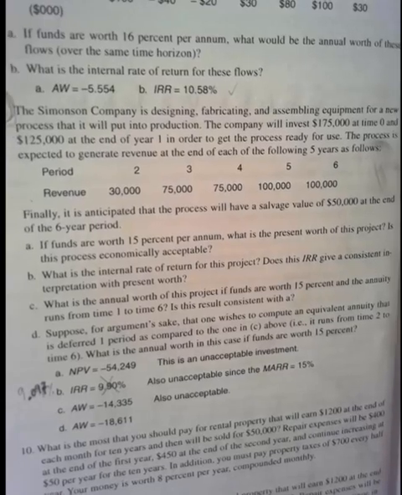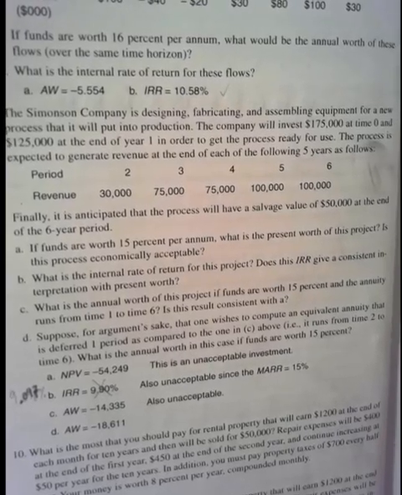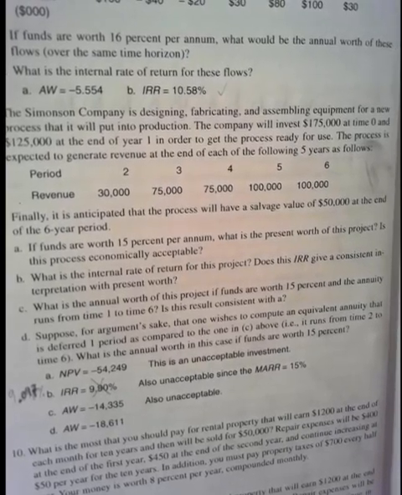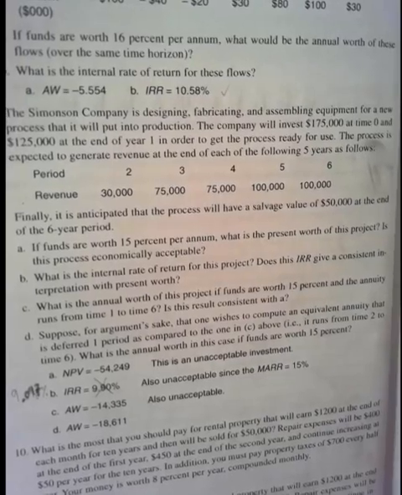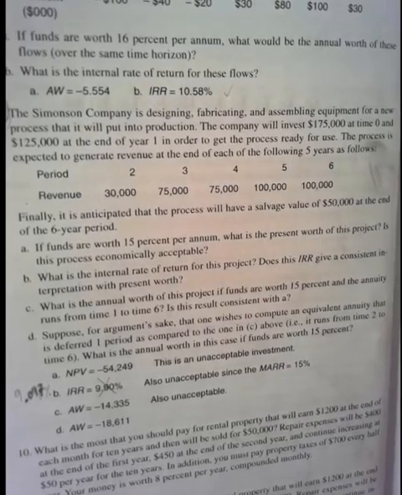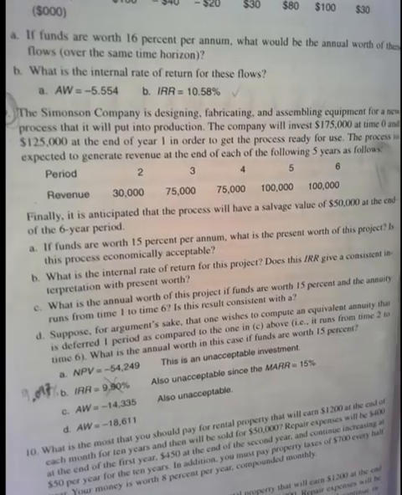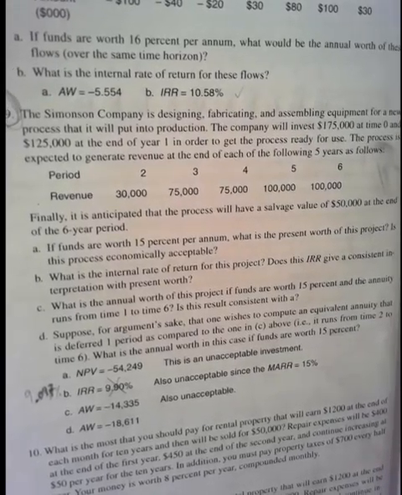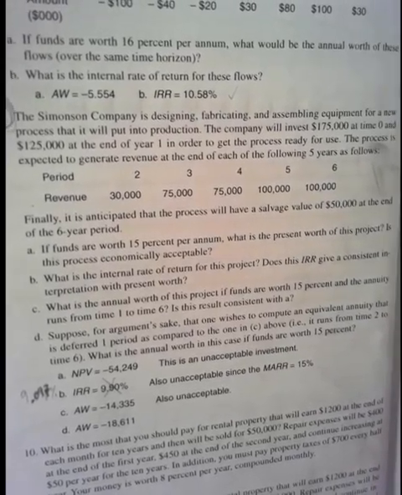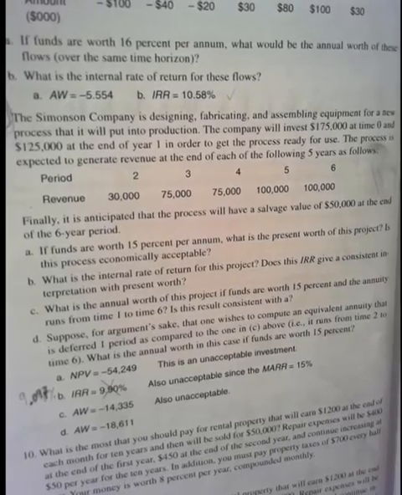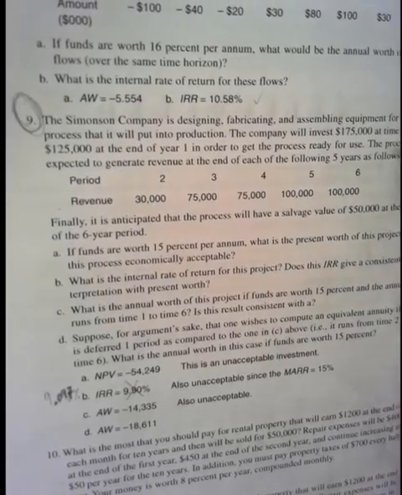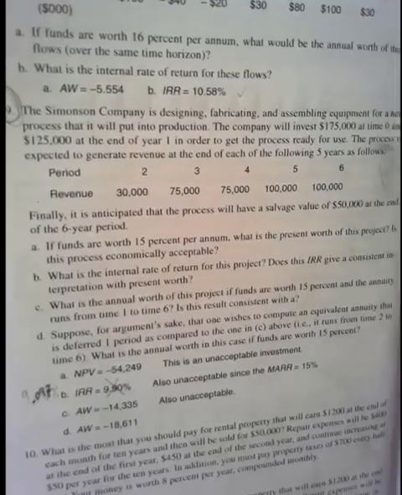Only then is the project acceptable. And if the internal rate of return is lower than 15%, then the project is rejected. We need to assess if we reach the same decision using the present worth or the internal rate of return. Basically, do A and B give the same recommendation?